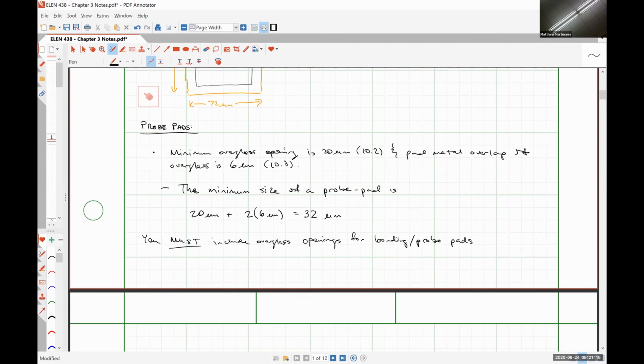Why? Anybody have any idea why you have to have an opening? So you can actually connect with the probe or whatever the heck you're putting in there. Exactly right. If you don't, you have a very hard layer of insulating material over your bonding or probe pad, whose job is to not conduct electrically. So if you don't remember to include the openings, you don't have any way to put a signal on or get a signal off of the chip.